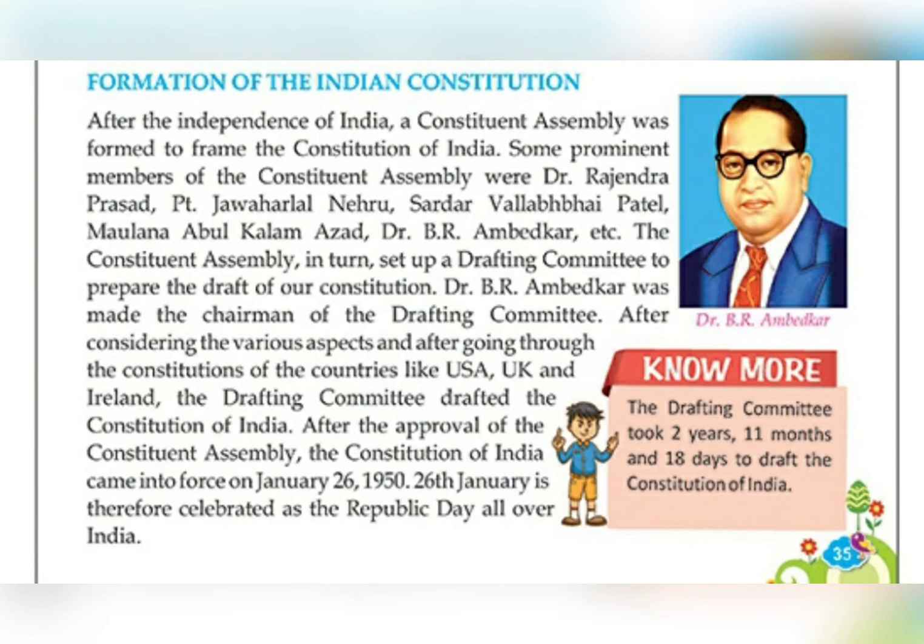Some prominent members of the Constituent Assembly were Dr. Rajendra Prasad, Pandit Jawaharlal Nehru, Sardar Vallabhbhai Patel, Maulana Abul Kalam Azad, Dr. B.R. Ambedkar, etc. The Constituent Assembly in turn set up a drafting committee to prepare the draft of our constitution.